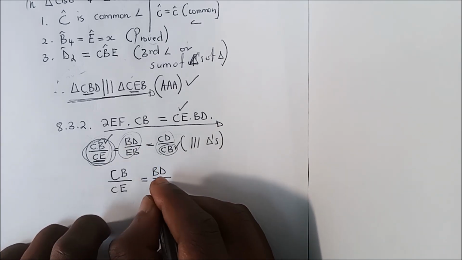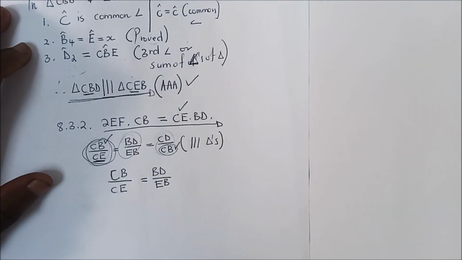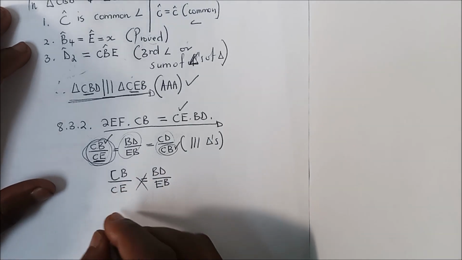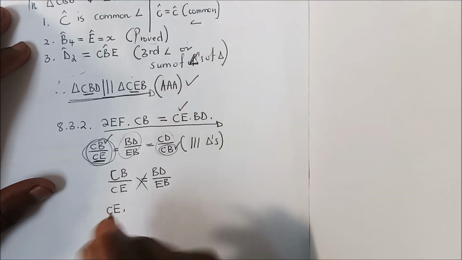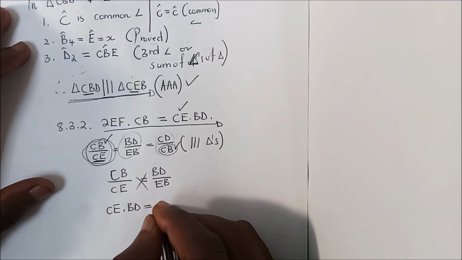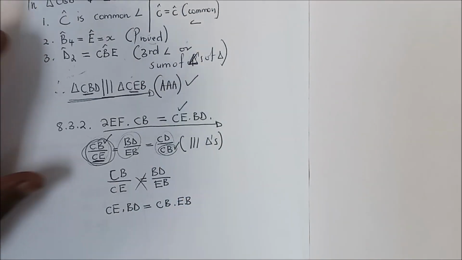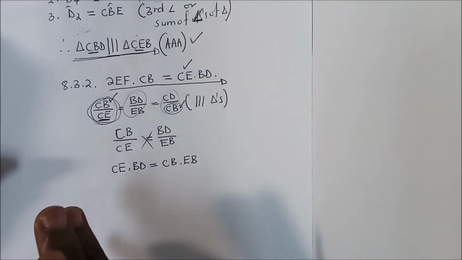So we have BD over EB. Yes. So let's now cross multiply. If you cross multiply, you will have CE dot BD equal CB dot EB.